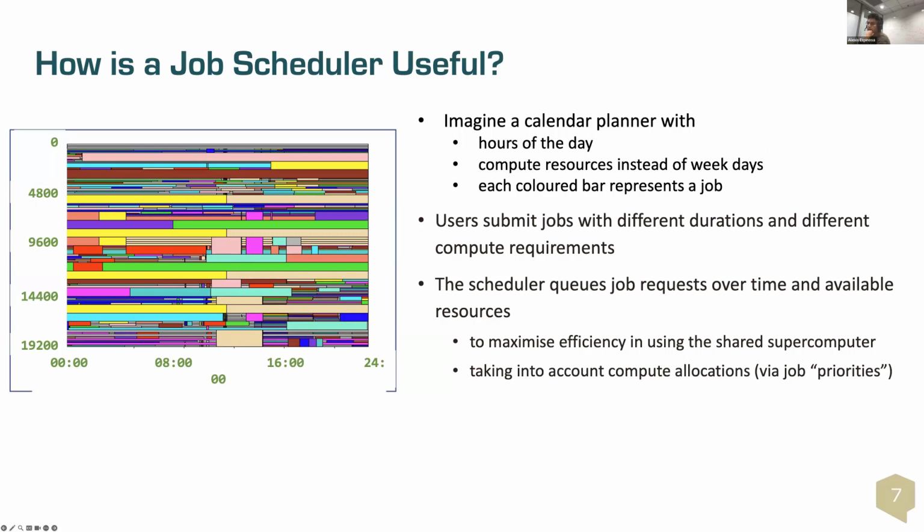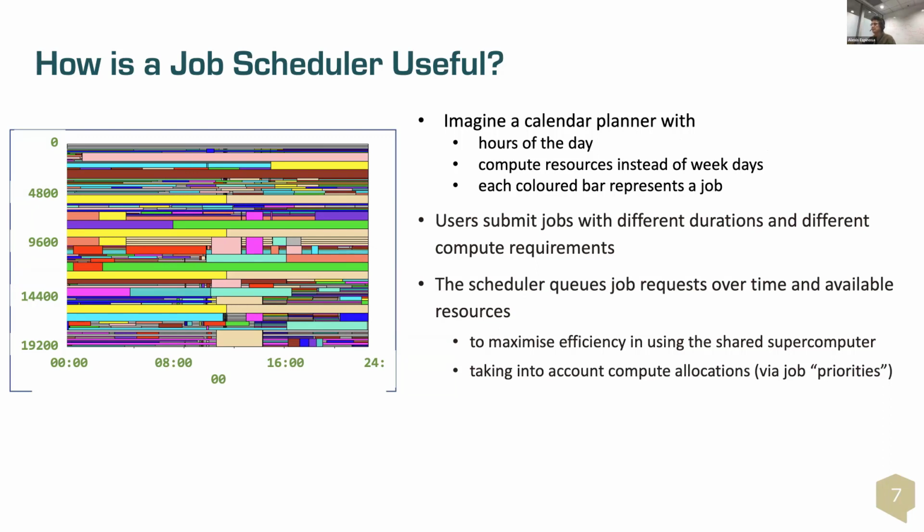So it's always very important for the users to tell the approximate time, very, very close to how much time it will take, to maximize efficiency. Yeah, I guess that's the idea of the scheduler. I don't know if you have any questions here.